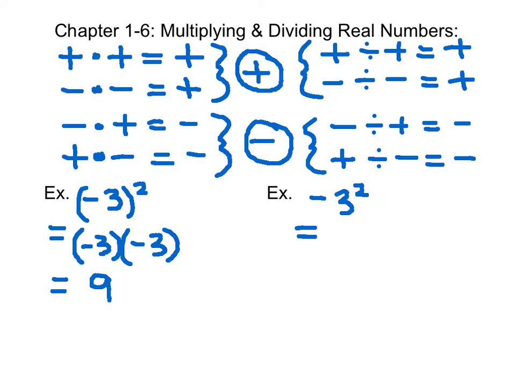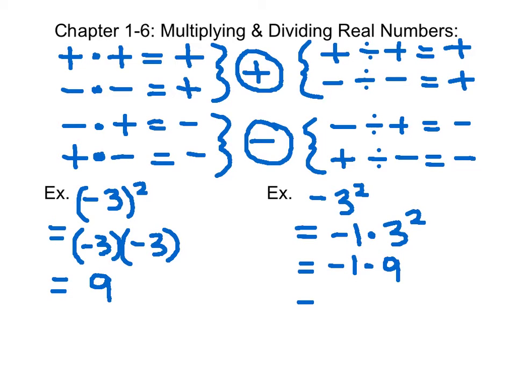Now let's have a look at the next example. I don't know if you know this, but the negative doesn't actually belong to the 3. There's actually a negative 1, which is invisible. So this is actually negative 1 times 3 squared. When we have negative 1 multiplied times positive 3 squared, we have negative 1 times 9.